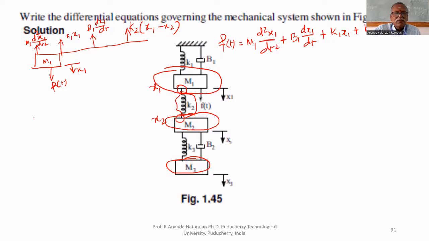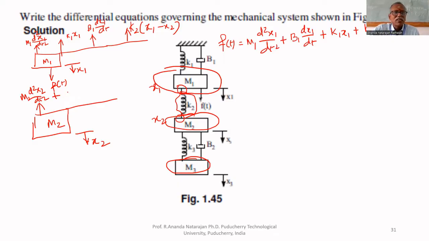Now, if you take the free body diagram for M2, what are the forces? There is no applied force on M2, only reaction forces. The direction of displacement is downward, therefore the reaction forces act upward. They are M2 d square x2 by dt square, plus spring K2, which is connected to both M2 and M1, so K2 multiplied by x2 minus x1, because x2 is the reference.